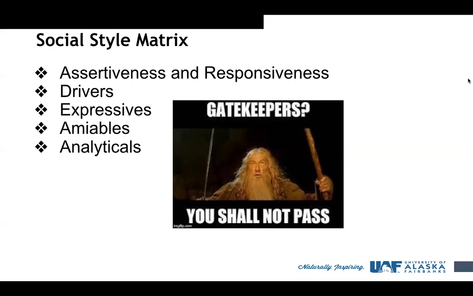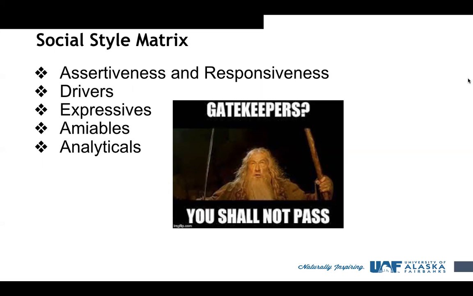There are 4 different categories in the social style matrix. You can see those on figure 11.3 on page 338 in your book. It's going to talk about the difference between drivers, expressives, amiables, and analyticals. You can see that drivers are your people that are pretty high assertive, but low responsive.